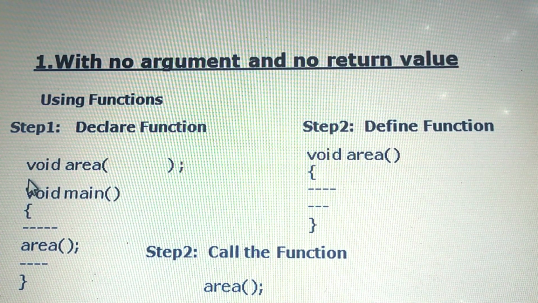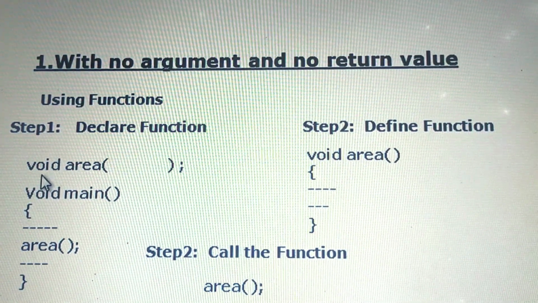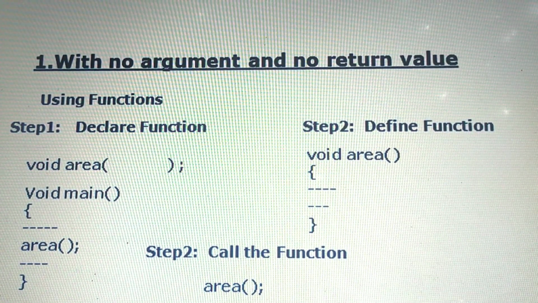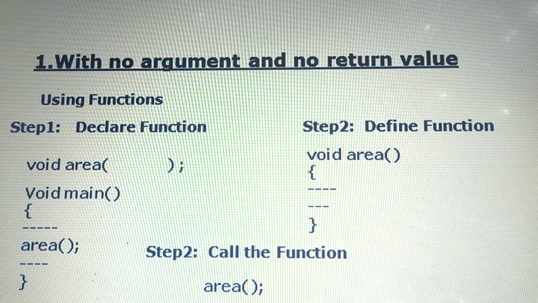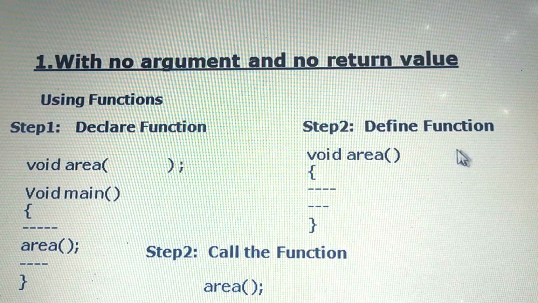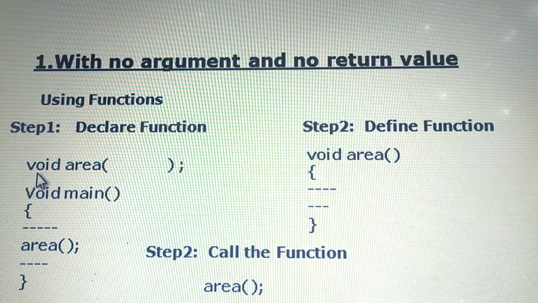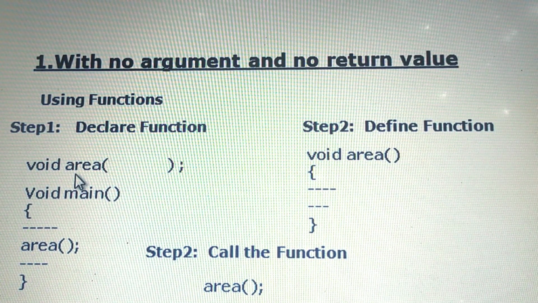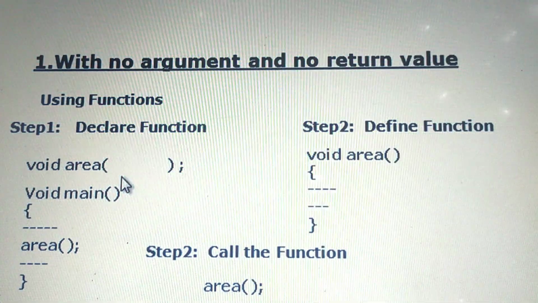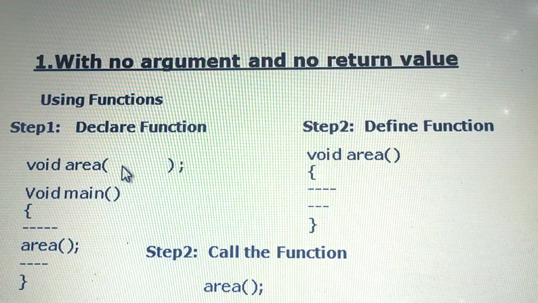What is the general syntax for declaring the function? Declaring starts with the return type, but here there is no return value. If nothing is returned, the return type is void. Then give the name of the function, area. Then there are no arguments to pass, so no parameters.